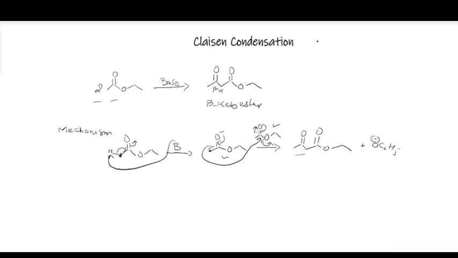So we have the formation of a beta-keto ester. In this case, because we have only this ester here and it's enolizable, it is a self-condensation type of reaction, but we can also allow this ester to react with another carbonyl molecule, like for example any ketone for that matter.